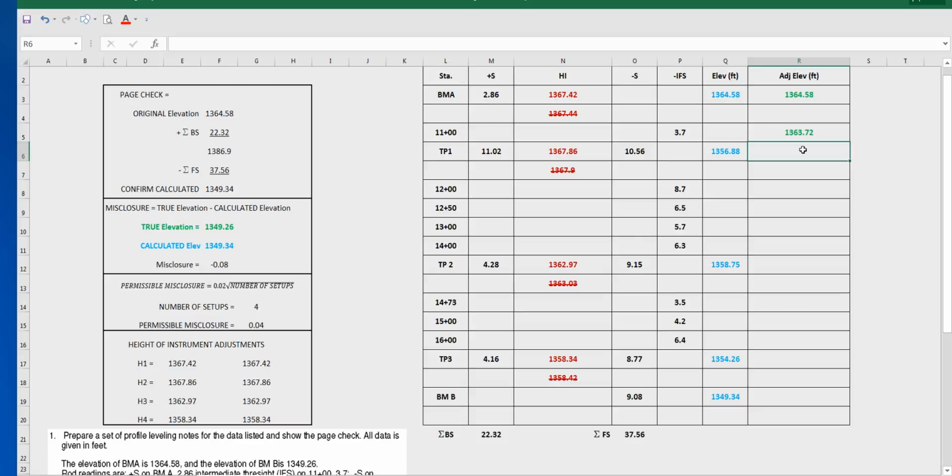And then we're going to do it again. Now, this HI is used for this true foresight. So don't get confused about how this is being labeled. I just can't get Excel to put it on the same line. So I'm going to say 1367.42 minus 10.56. I have to put an equal sign in front of that.